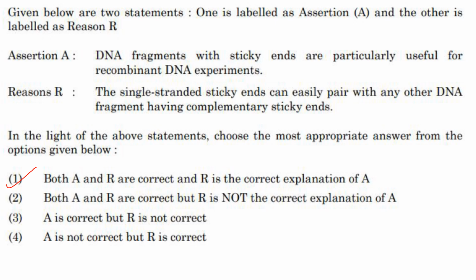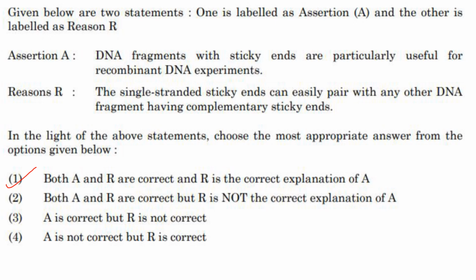Then next one. DNA fragments with sticky ends are particularly useful for recombinant DNA experiments. Of course, sticky ends are more preferred for recombinant DNA experiments. The single-stranded sticky ends can easily pair with any other DNA fragment having complementary sticky ends.